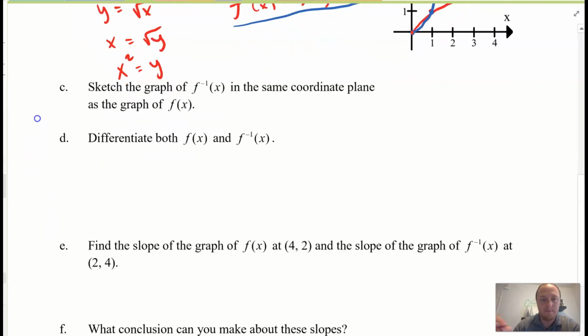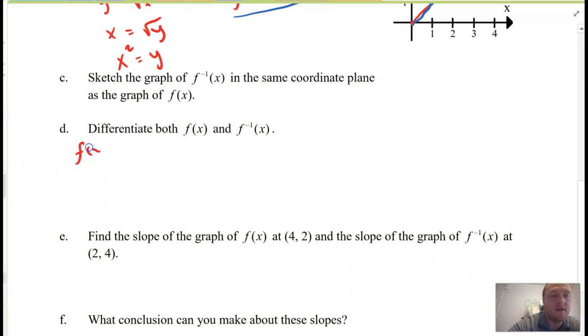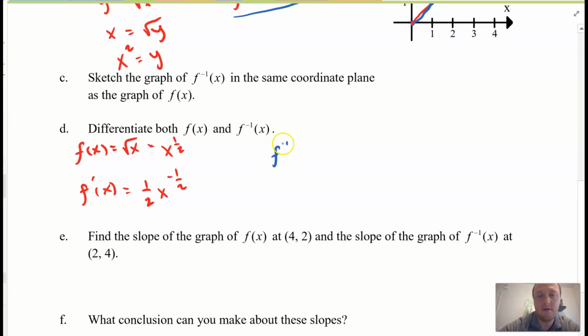Okay, so if f of x is equal to the square root of x, which is x to the power of 1/2, then f prime of x is equal to 1/2 x to the power of -1/2. f inverse of x is equal to x squared.